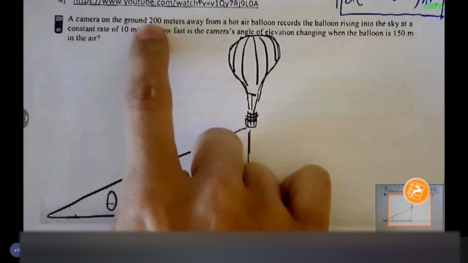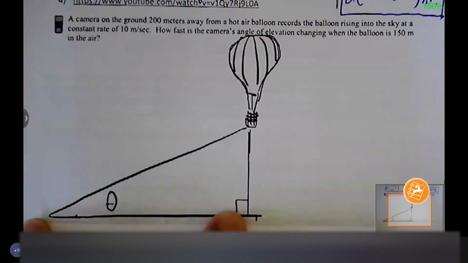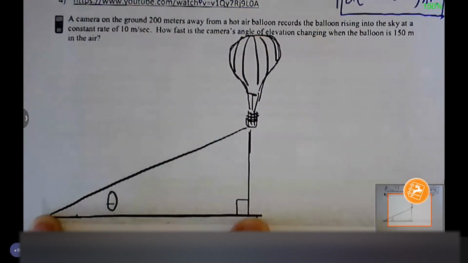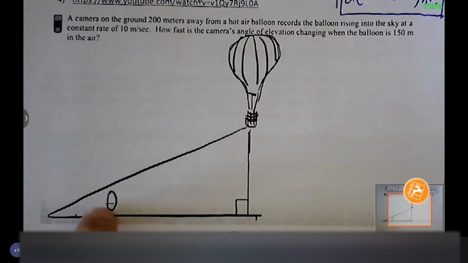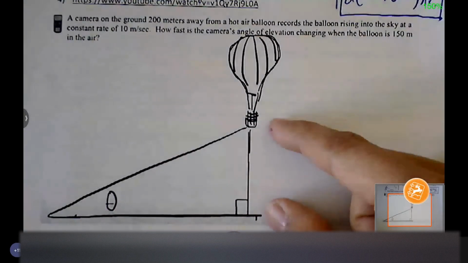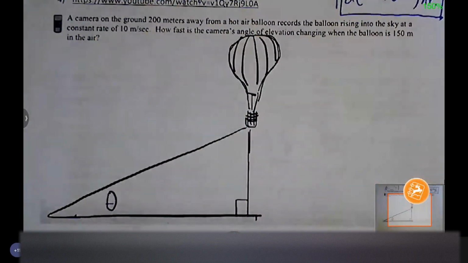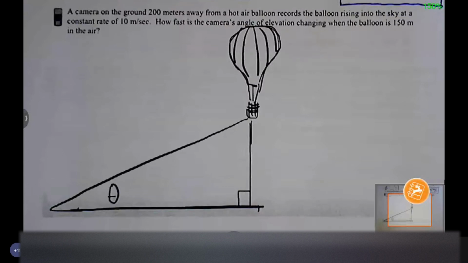A camera is on the ground 200 meters away from the base of the hot air balloon launch. The balloon is rising at a constant rate of 10 meters per second. How fast is the camera's angle of elevation changing when the balloon is 150 meters in the air?